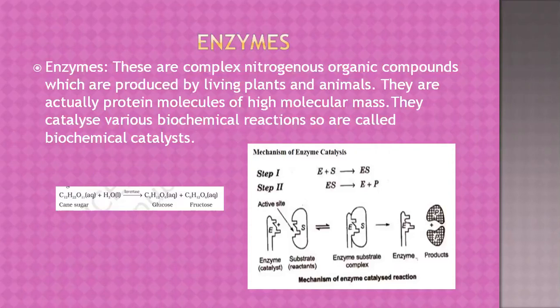Now, how do these catalysts work? Actually, on the enzymes, there are a number of cavities present on the surface of the colloidal particles of the enzyme. These cavities are of characteristic shape and possess active groups such as NH2, COOH, and OH.